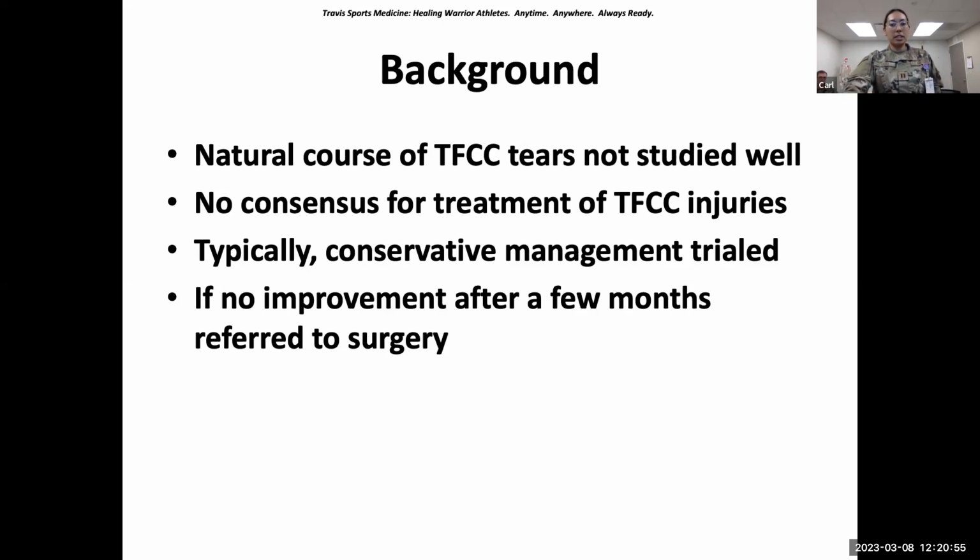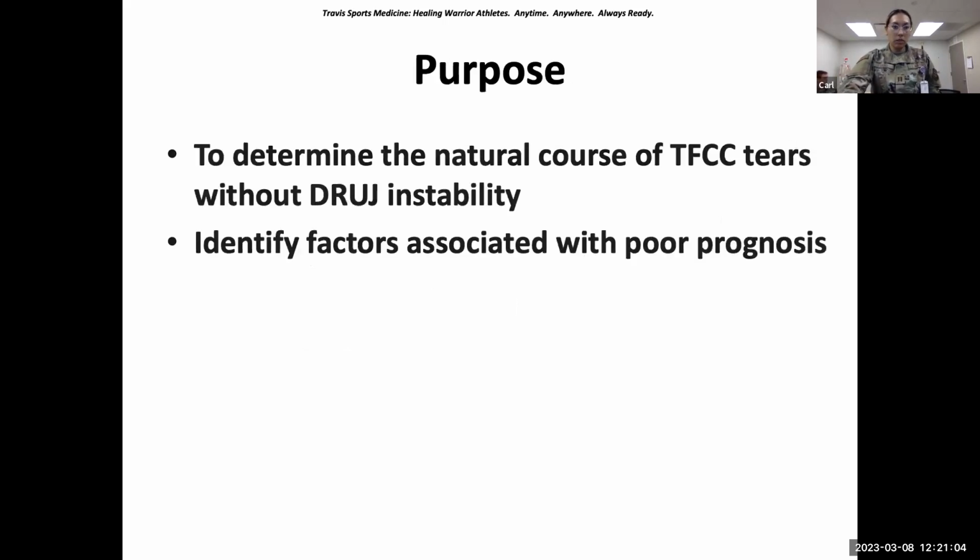But really no studies looking at who's best suited for surgery and at what time point, and no studies looking at the natural history of the disease. So the purpose of this study was to determine that natural course of TFCC tears without DRUJ instability. And then they also wanted to look at factors that might be associated with poor prognosis.